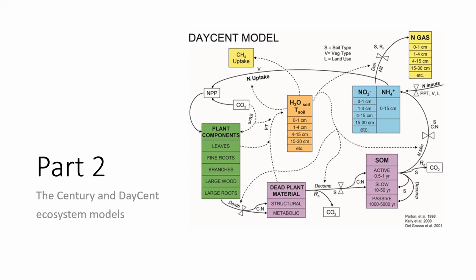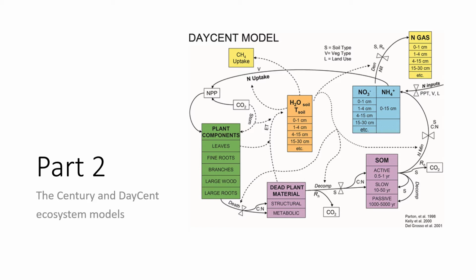Then when plant material decomposes, it releases CO2 through heterotrophic respiration, and then some of that plant material becomes soil organic matter. And soil organic matter in the DayCent model is represented as 3 different types based on how long they persist in the soil in general. So there's the active, slow, and passive pools.